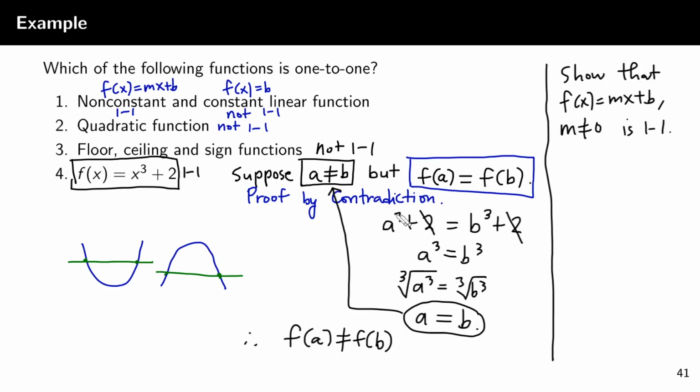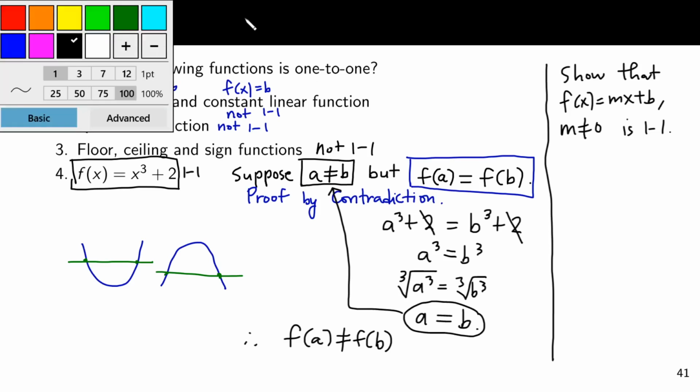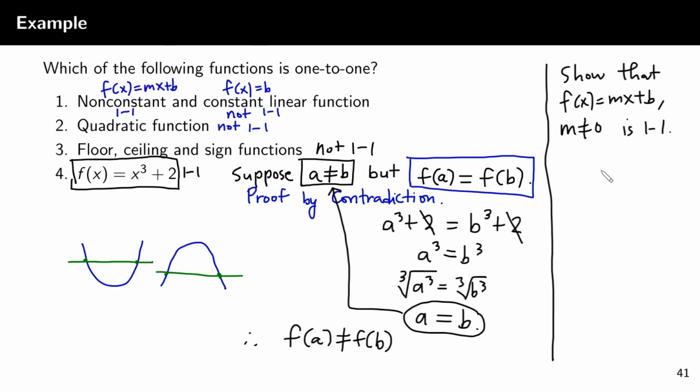So again, gusto kong gamitin ulit itong proof by contradiction because this could be new to some of you. Because meron tayong b na ginagamit dito, I would have to use different values for the test values of x. Let me use c and d.